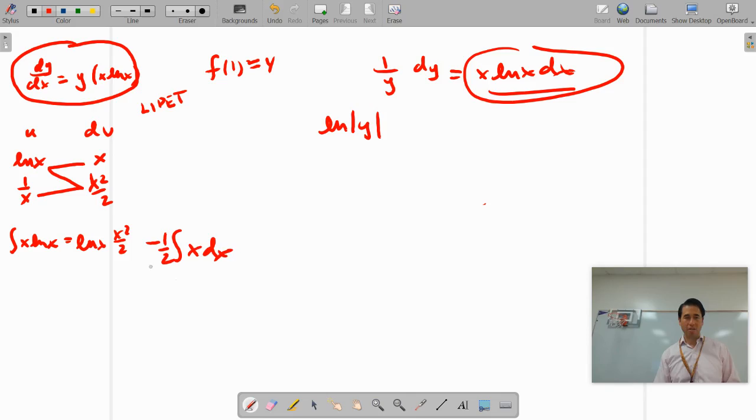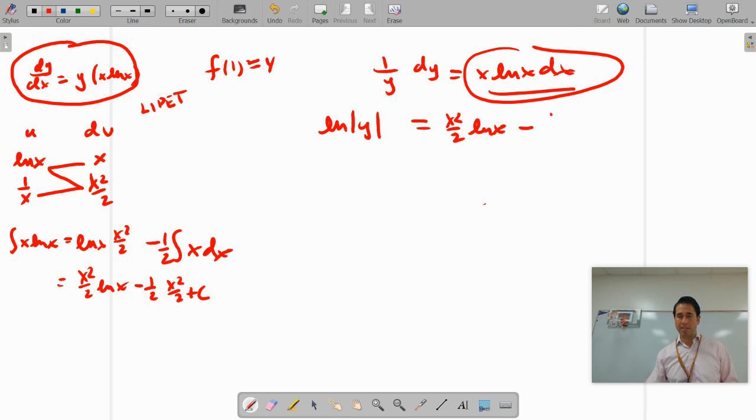That is not too bad, right, class? So that means this is equal to x squared over 2 in the front. And then over here, what do we get? We get 1/2, and then we're going to get x squared over 2 plus c, right? So I'm going to get equals x squared over 2, the natural log of x, minus 1/4 x squared plus c.